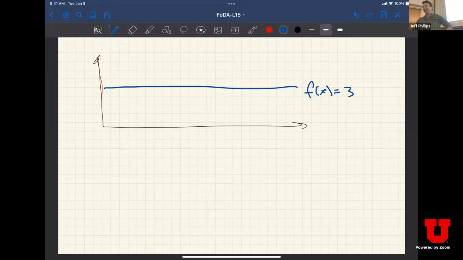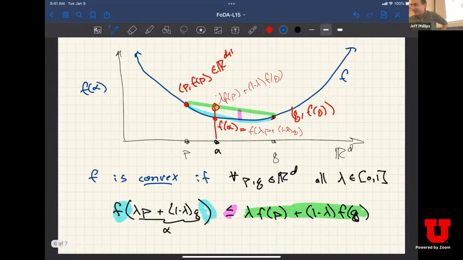Is this function going to be convex? Yes, this function is convex. If I get rid of the or-equal sign, then it becomes strictly convex.